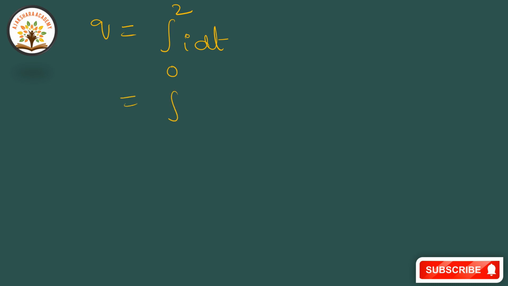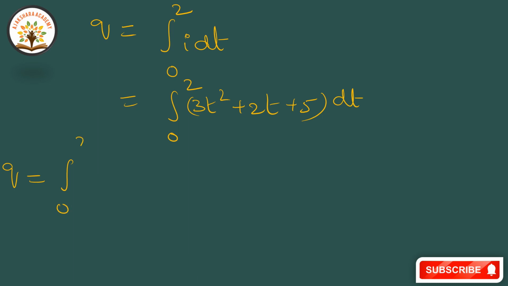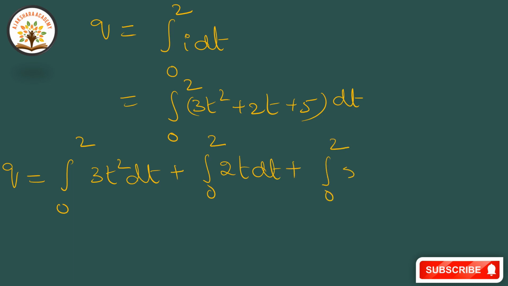Substituting the value of I, the expression I given as 3t square plus 2t plus 5 into dt. Now we are integrating, then q is equal to integration from 0 to 2 of 3t square dt plus integration from 0 to 2 of 2t dt plus integration from 0 to 2 of 5 dt.